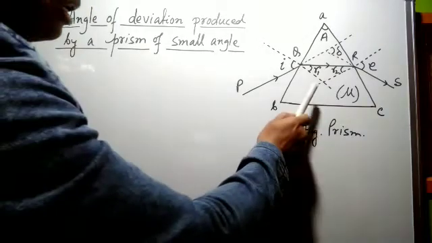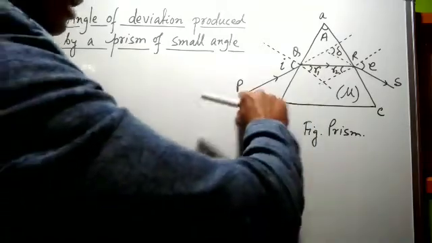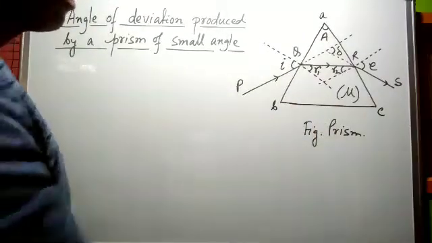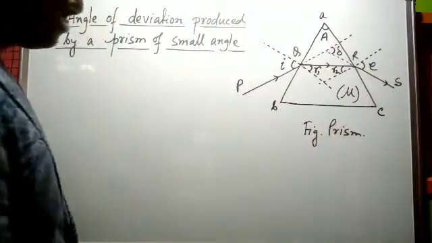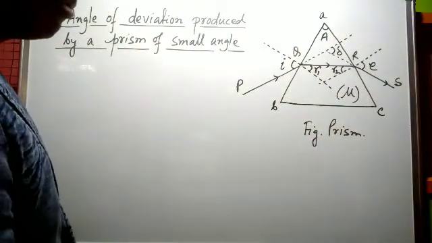First we have to see this ray diagram, that is, a ray of light is passing through the prism, and here mu represents the absolute refractive index of the material of the prism, that is glass.